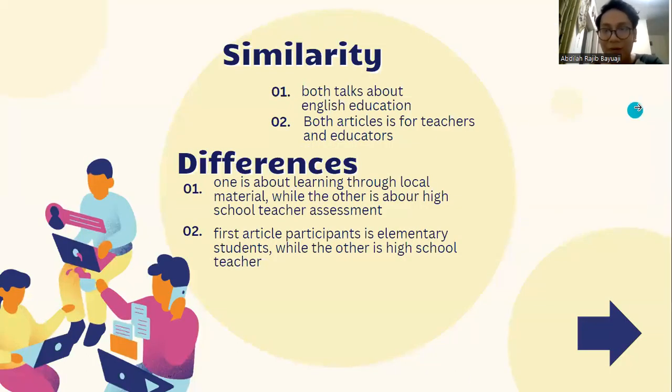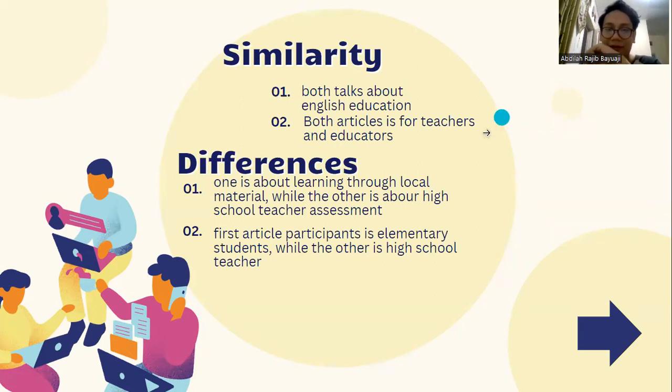Now I want to restate my opinion. There are similarities between the two articles: both of them talk about English education. The first article talks about elementary school students learning through local cultural methods, and the second article is about high school teachers' assessment literacy.